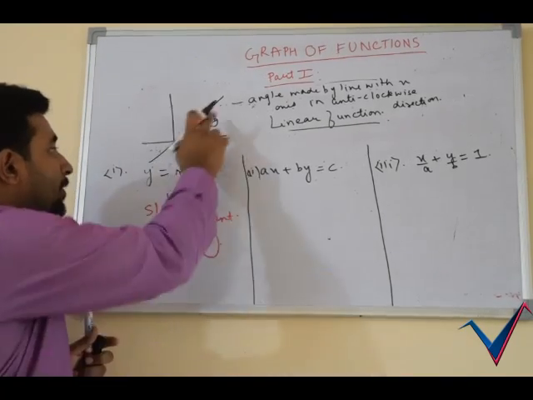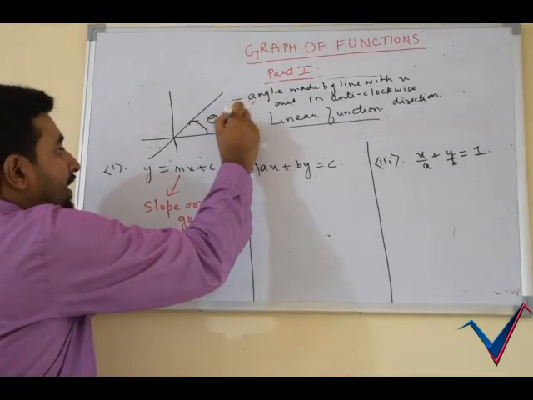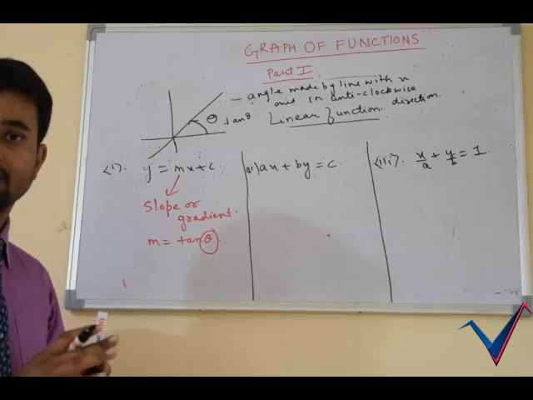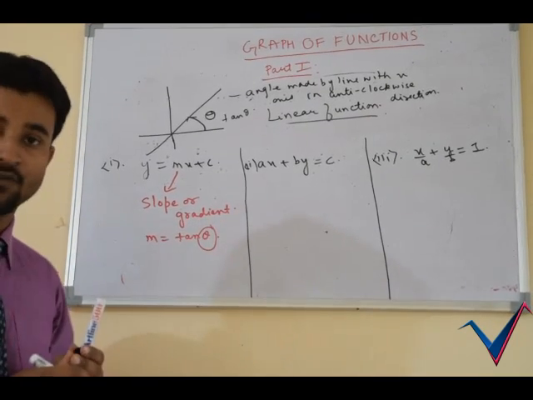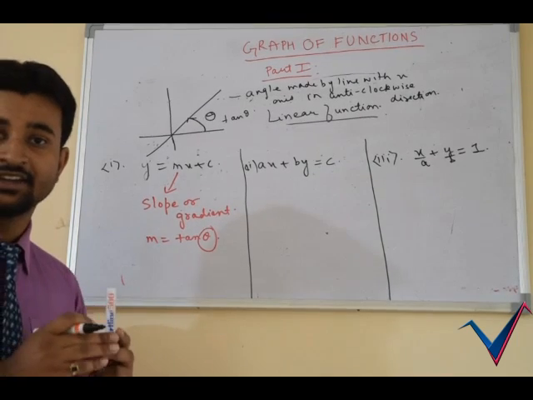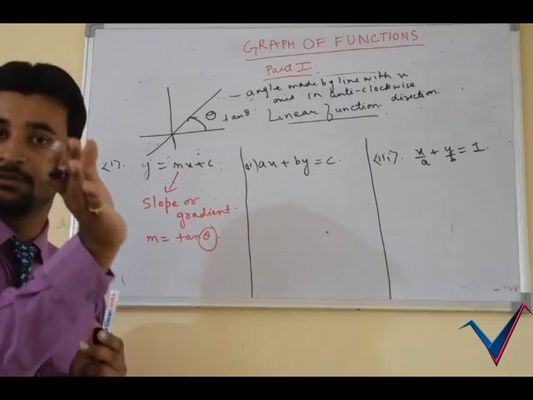So slope is what? Tan of this angle, means tan theta here is called the slope. So when will slope be negative, when will slope be positive? For first quadrant, when the angle is between 0 to 90 degree, tan theta is positive, so slope will be positive.